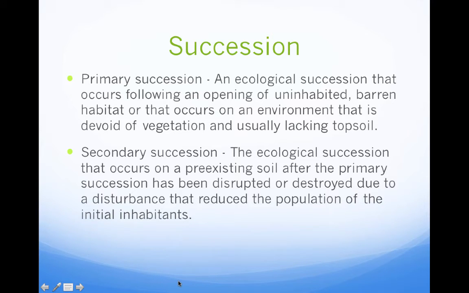Whereas secondary succession is the ecological succession that occurs on pre-existing soil after the primary succession has been disturbed or destroyed due to a disturbance that reduced the population of initial inhabitants. In silviculture we're mostly talking about secondary succession.